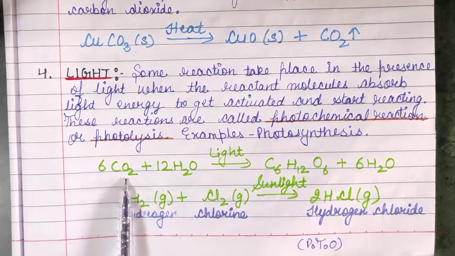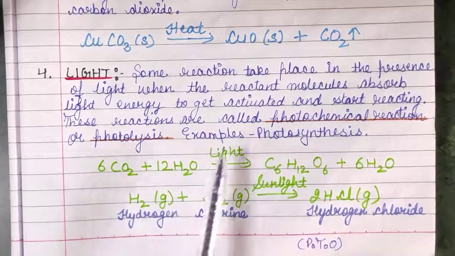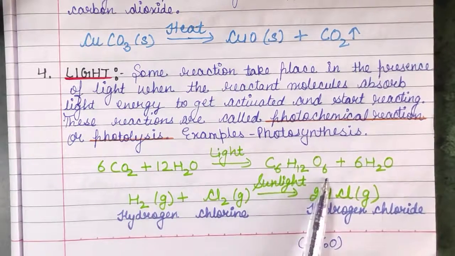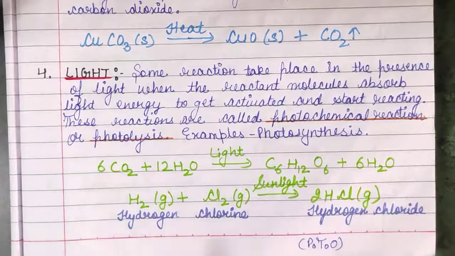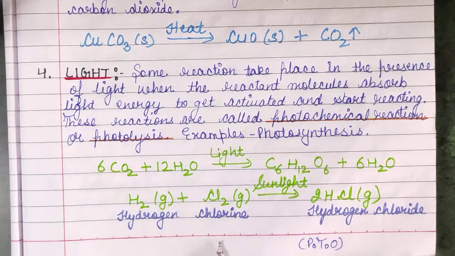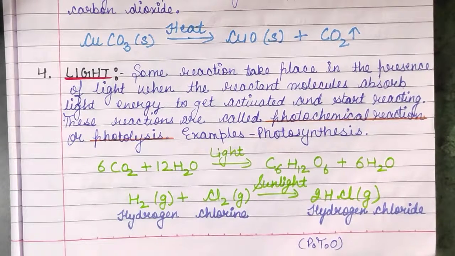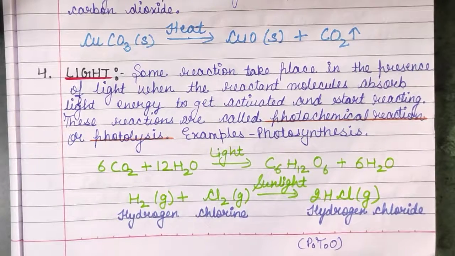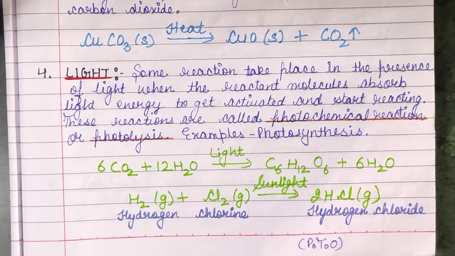When carbon dioxide reacts with water in the presence of light, they will give sugar, that is C6H12O6, with the liberation of oxygen. Similarly, hydrogen chloride is produced when hydrogen gas reacts with chlorine gas in the presence of sunlight. So these two processes can take place only in the presence of light, that you will have to remember.